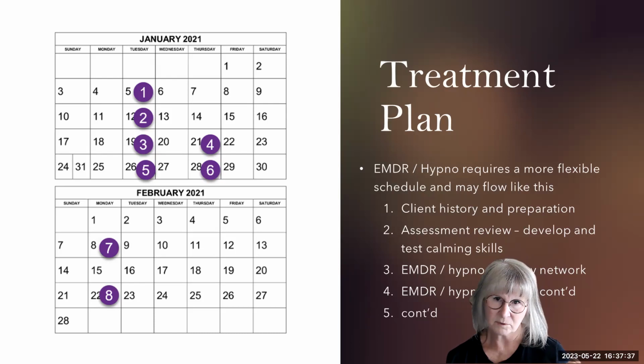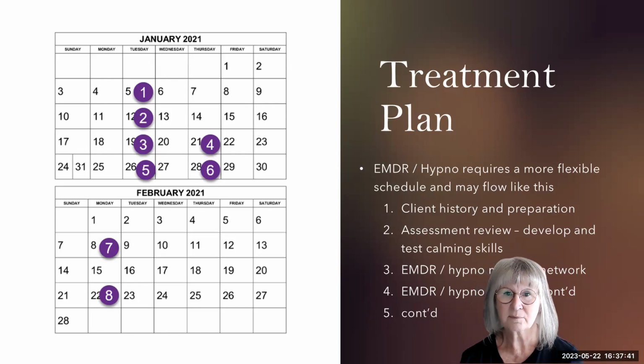EMDR and hypnosis, we start with your goals and we set it up using a network. So what usually happens now is by the time we get to the meat of our therapy, which is EMDR and hypnosis, we check in a day or two later. If you're okay, we cancel that.